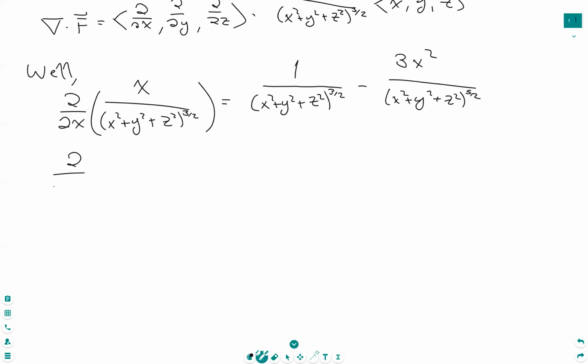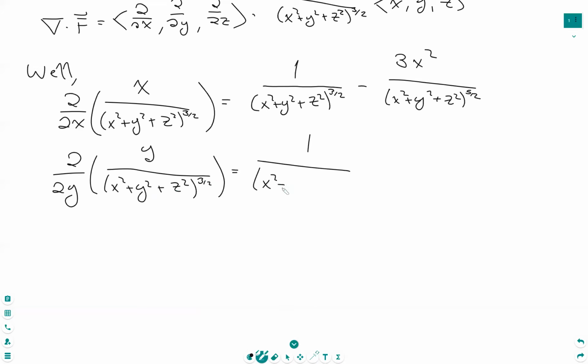So partial y of y over x squared plus y squared plus z squared to the 3 halves gives 1 over x squared plus y squared plus z squared to the 3 halves minus 3y squared over x squared plus y squared plus z squared to the 5 halves.